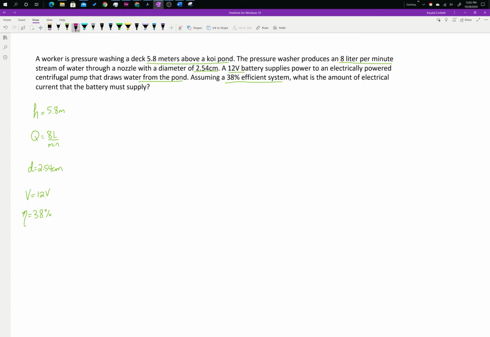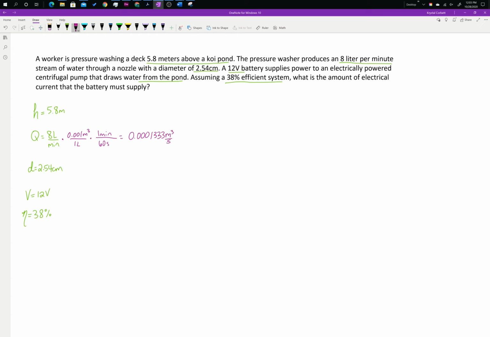Instead of liters per minute, we want meters cubed per second. We know that there is 0.001 meters cubed in 1 liter. We also know that in 1 minute, there are 60 seconds. That gives us a value of 0.0001333 meters cubed per second.